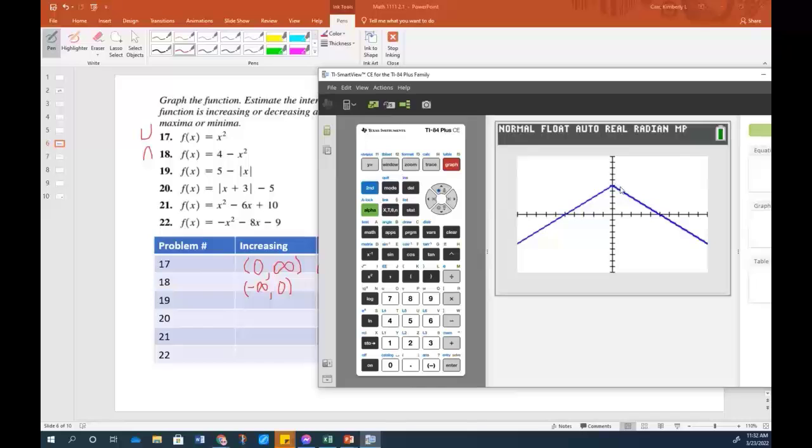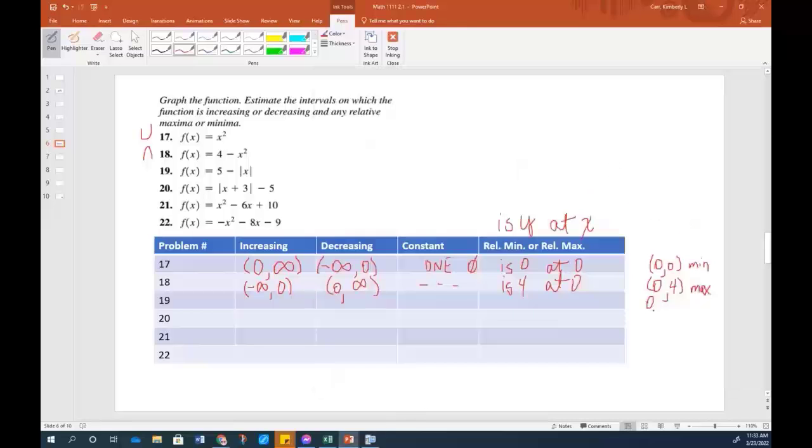So I'm going to be increasing to 0 and then decreasing after 0, because 0 is the point on the x-axis when I'm talking about increasing and decreasing, but yet that maximum is (0, 5). It was a maximum. That means that my maximum is 5, and it occurred at x equals 0.